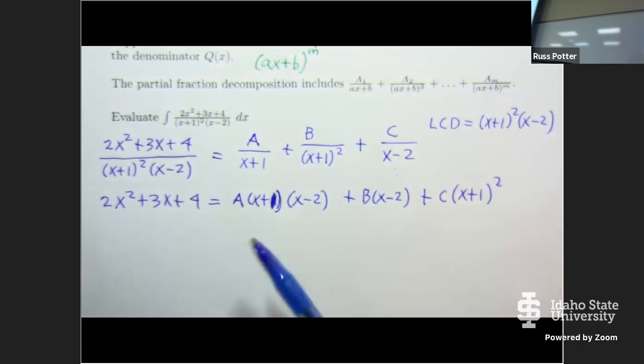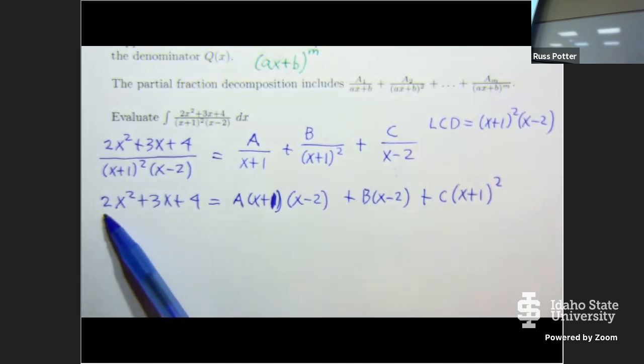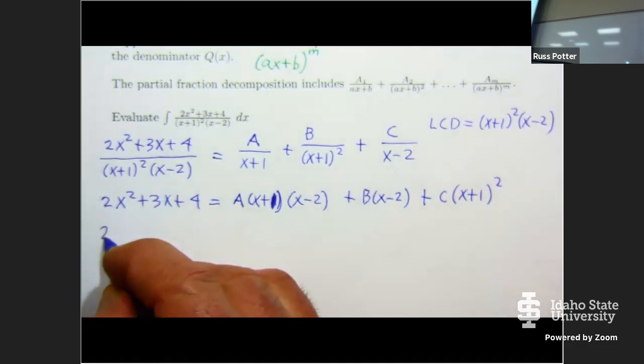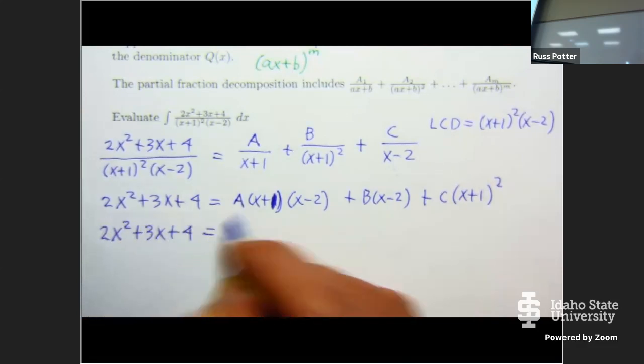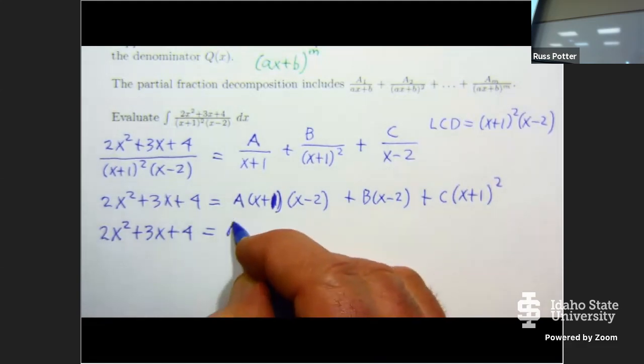Okay, so I'm going to multiply all of those factors out on the right-hand side and combine like terms. It turns out that whenever a polynomial is equal to a polynomial, then the coefficients of corresponding terms must be equal. So that's the idea behind this method. We'll leave the left-hand side the way it is, and we'll do some multiplication.